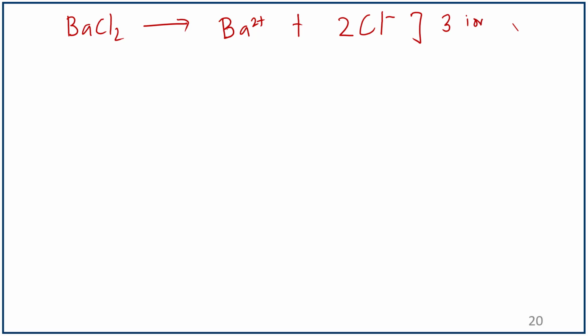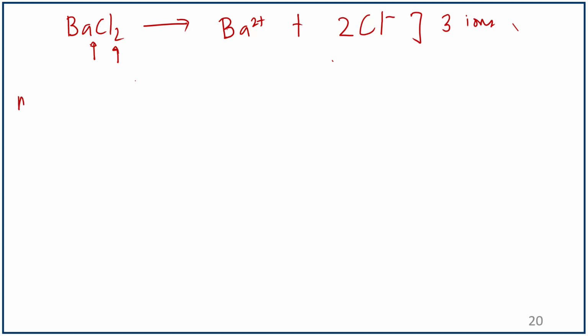But remember that barium chloride, as a strong electrolyte, breaks up into barium 2 plus and 2 Cl minus ions. So here you have a total of 3 ions, which by the way is just the sum of these subscripts. Now be careful with polyatomic ions when counting these subscripts. So that's a total of 3 ions.